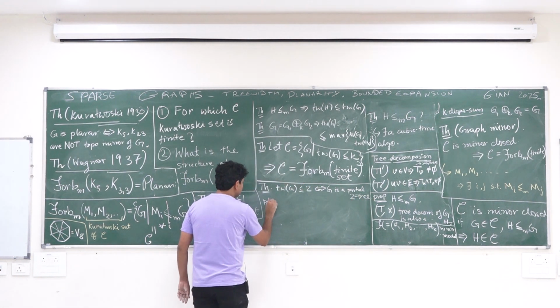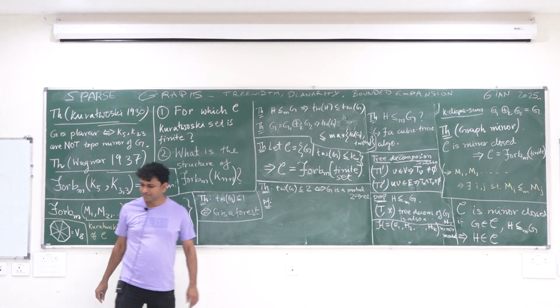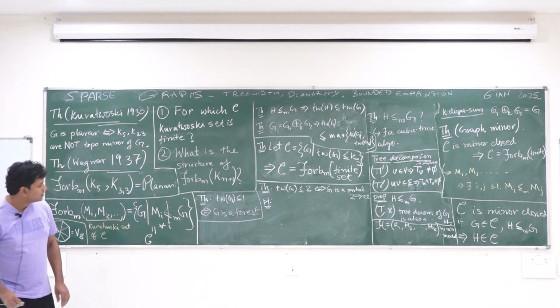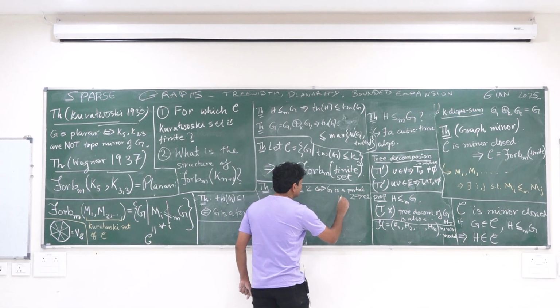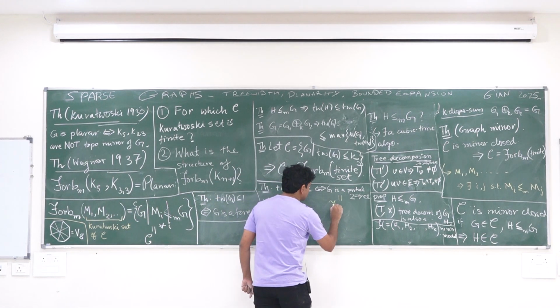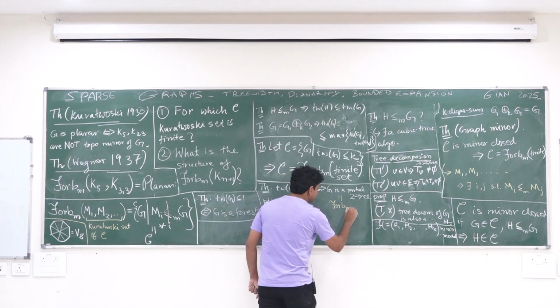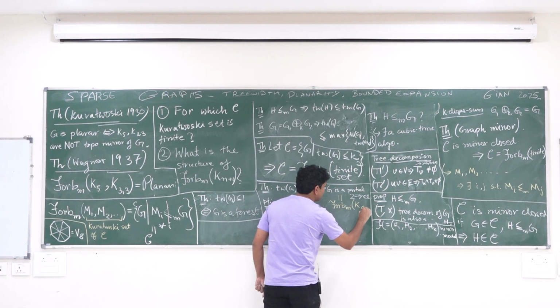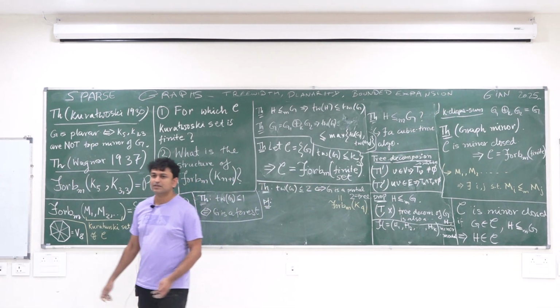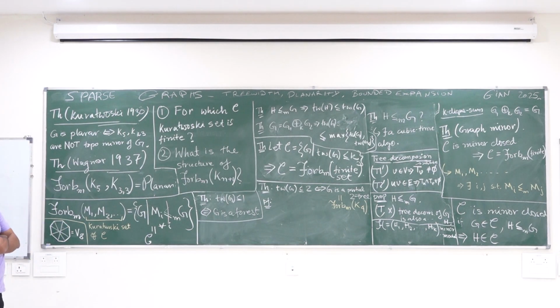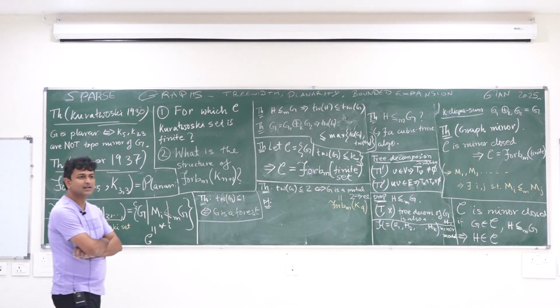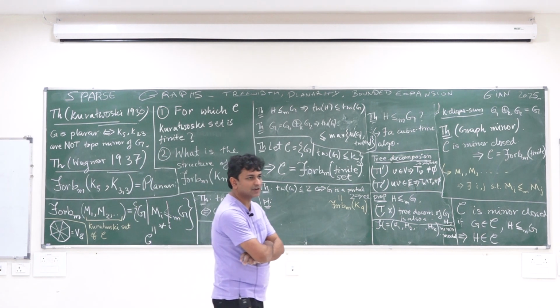So what's the proof? Partial 2-tree also means, now I know that it has forbidden minor K4. So I will somehow use that. So what is the tree width of a complete graph Kn? It is n minus 1.